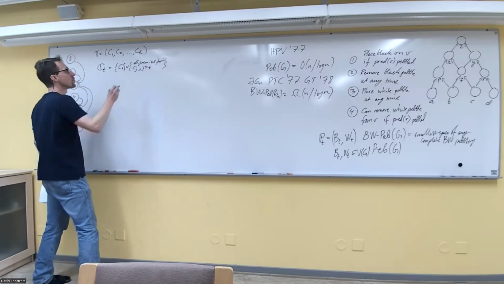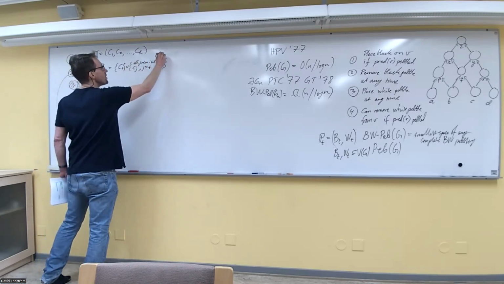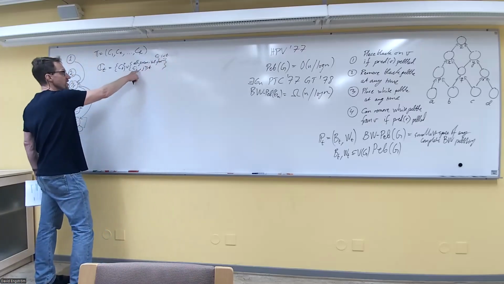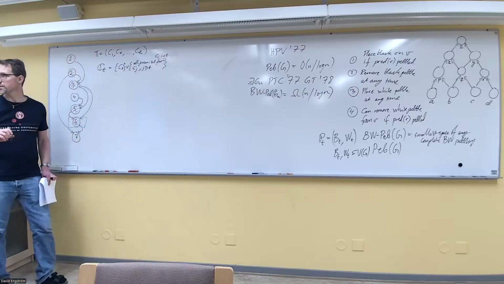All premises C_i, i strictly smaller than t, for lines C_j, j greater or equal to t. Does this make sense?